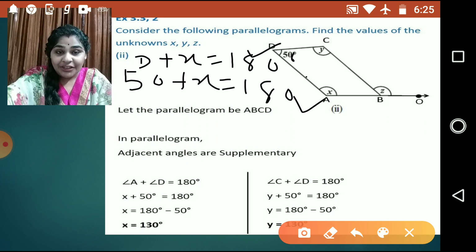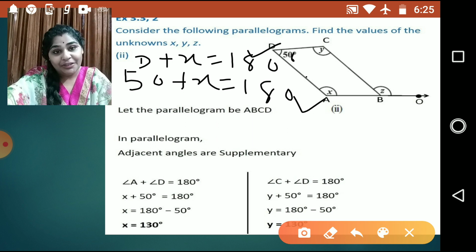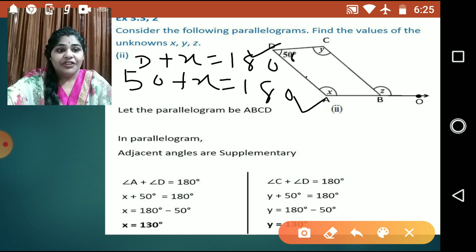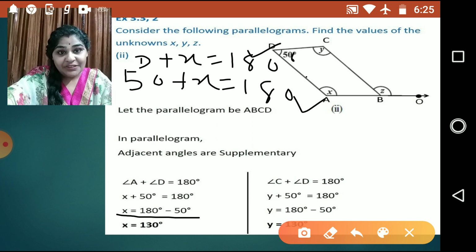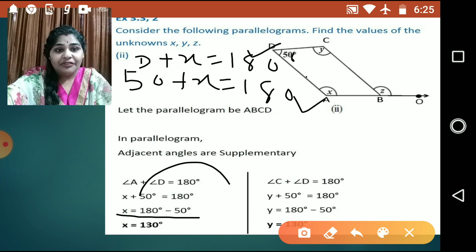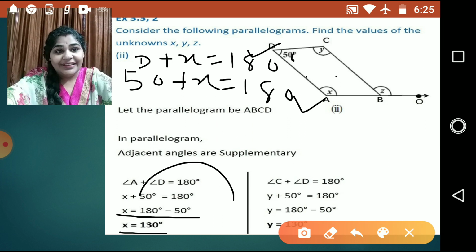So this is like an equation, right? Algebraic equations. We have already studied how to solve equations. You just transpose the constants to one side and the variables to the other side. So X will be equal to 180 degrees minus 50 degrees. We transposed the 50 to the other side, so plus 50 becomes minus 50 degrees. 180 degrees minus 50 degrees, so X is equal to 130 degrees.